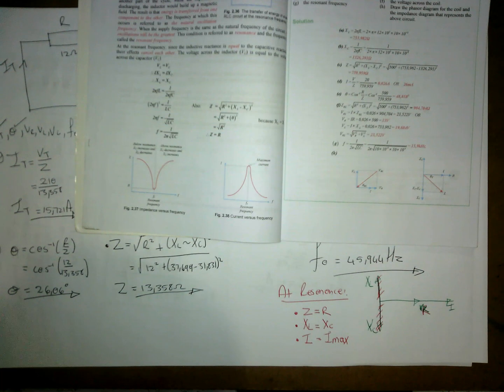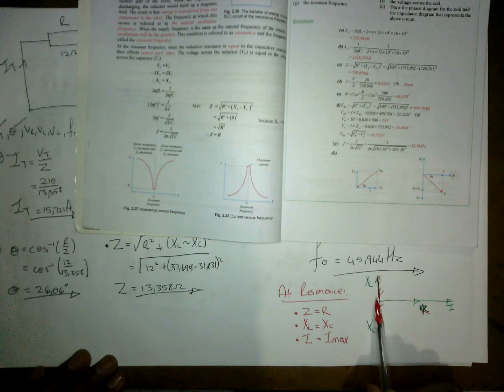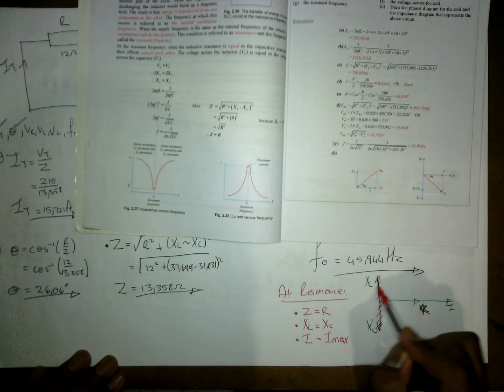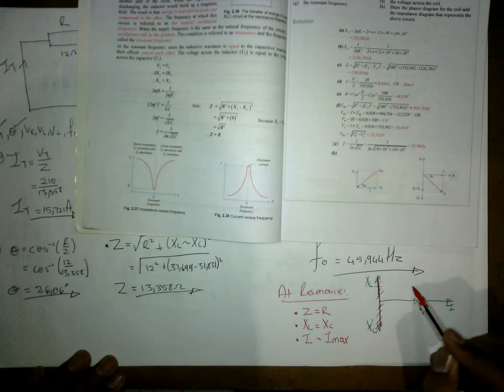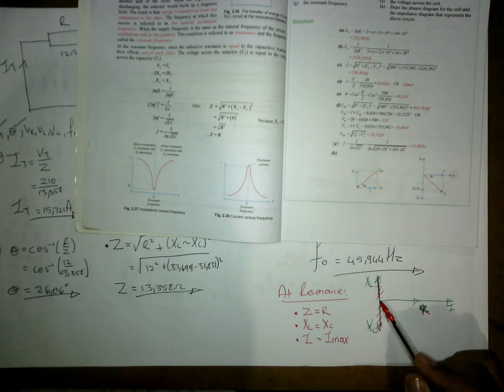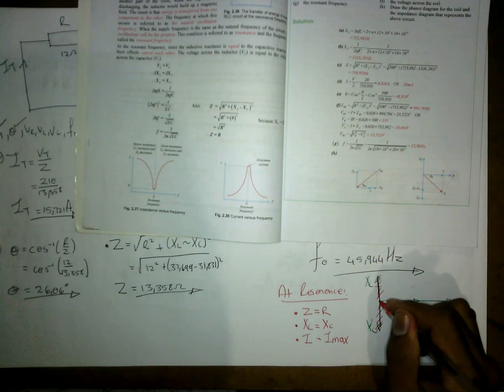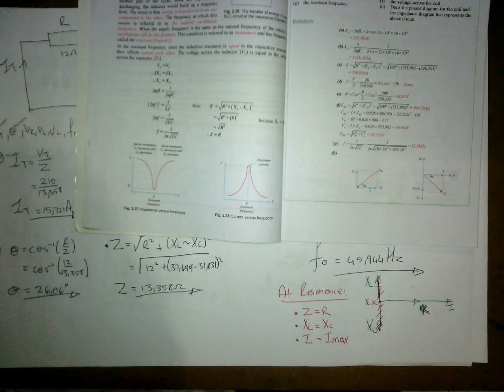So let's say there was a difference here, and our XL minus XC ended there, and we would draw that vector for our impedance. But because they equal zero, ending here by XL minus XC, it's on zero.